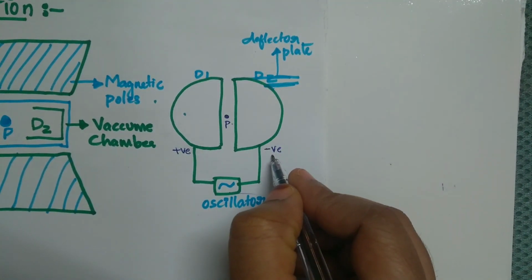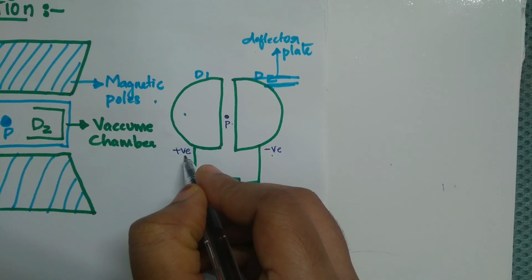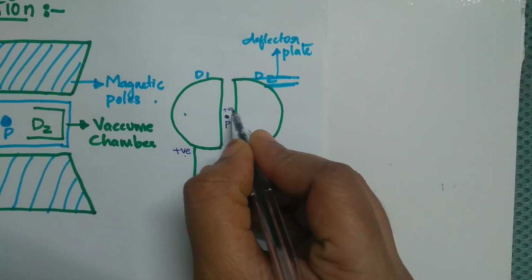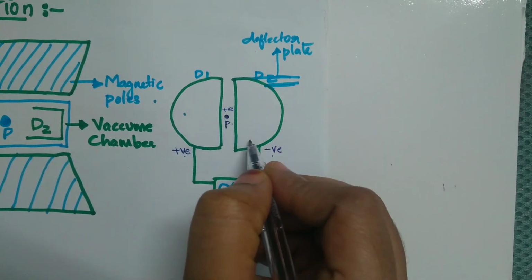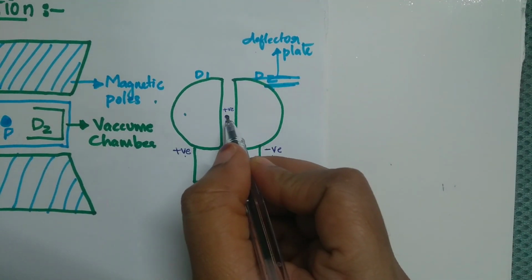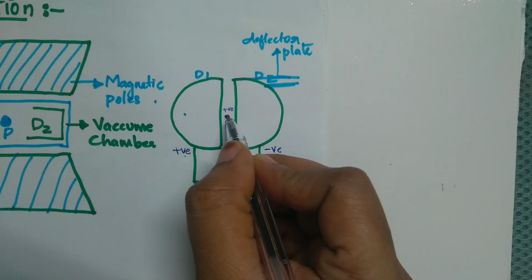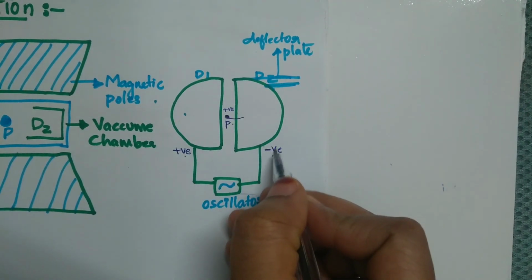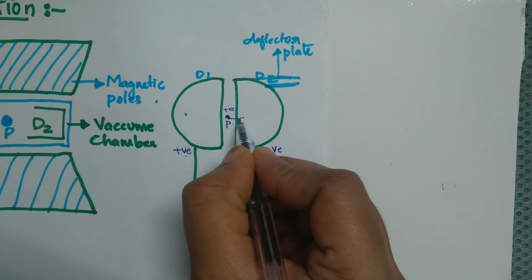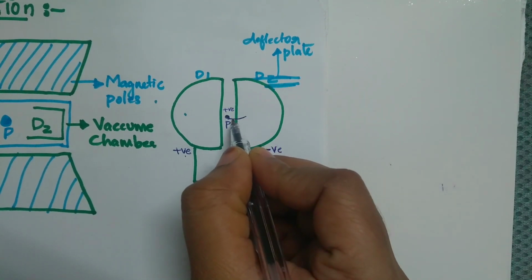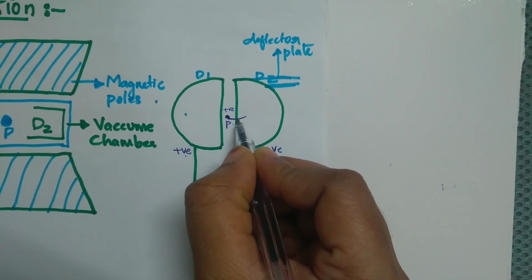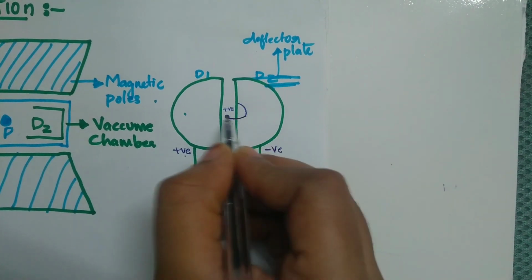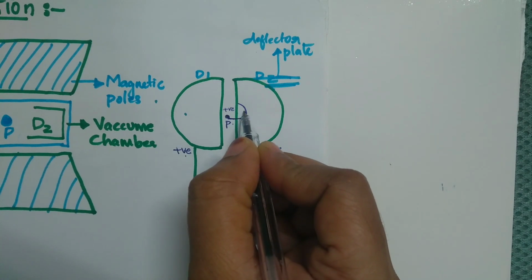As we know the proton is a positively charged particle, due to the electrostatic force of attraction, the proton will move towards the negatively charged D. This is due to the electric field, so it is accelerating. Now, due to the magnetic field, it will move in a circular orbit.